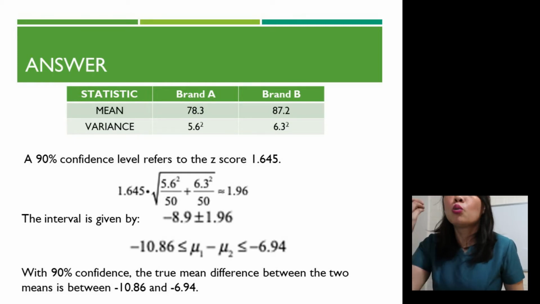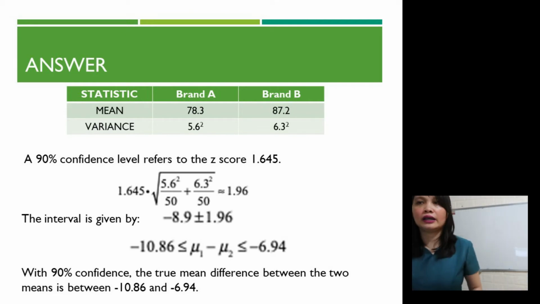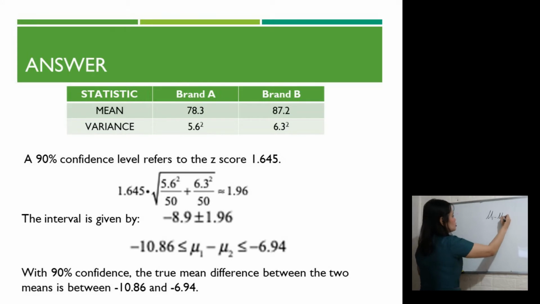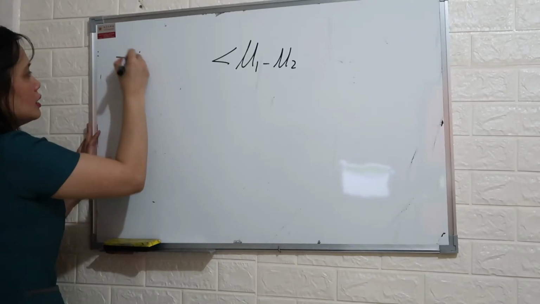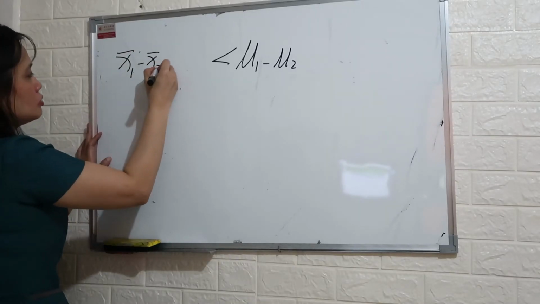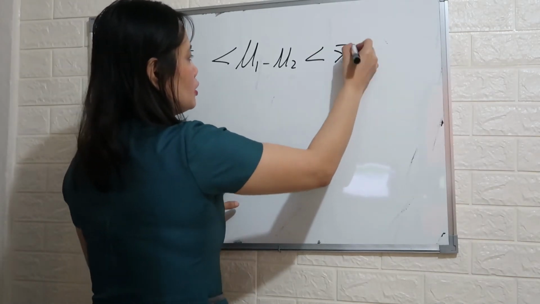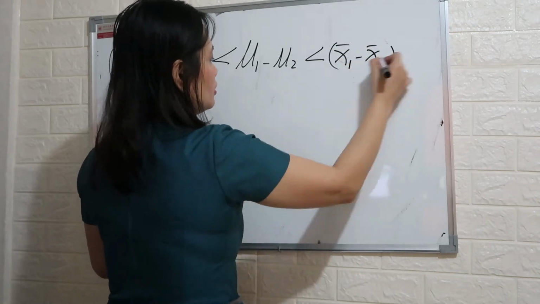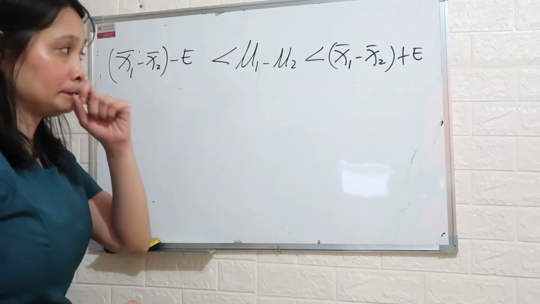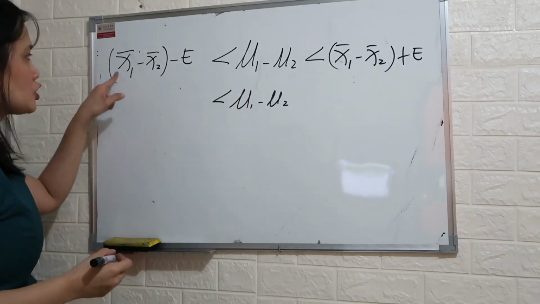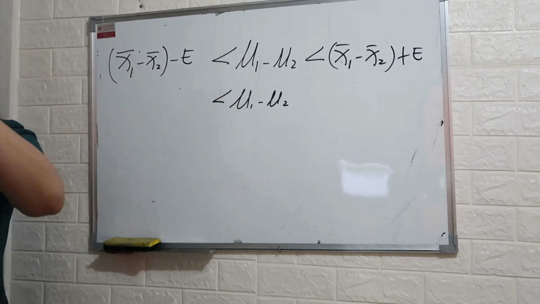Now, what will be your interval? The interval will be mu sub 1 minus mu sub 2 greater than sample mean 1 minus sample mean 2 minus the margin of error, but less than sample mean 1 minus sample mean 2 plus the margin of error. The sample means are already given.